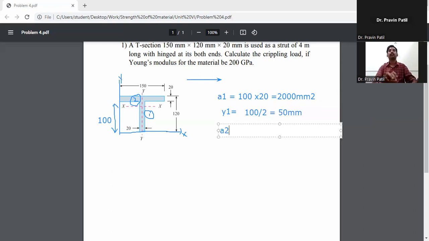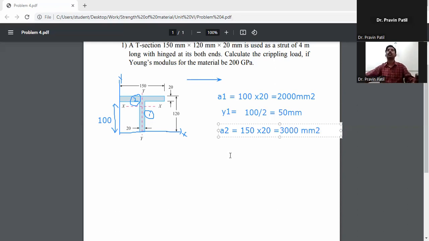Then A2. Now A2 we consider as the flange, that is section 2. The flange size is 150 into 20 mm, so 150 into 20 is 3000 mm square.